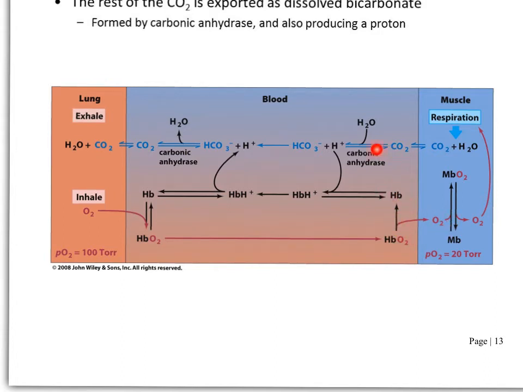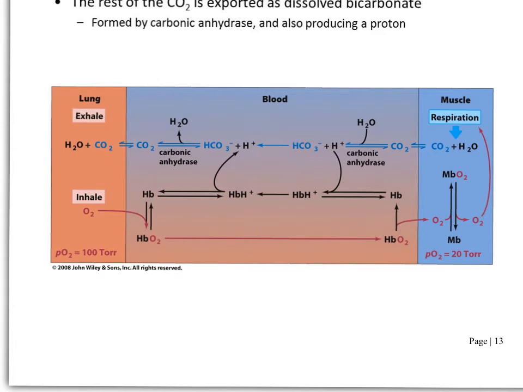Then up in here, you can see that CO2 can cross out of the muscle into the blood. CO2 can be converted by carbonic anhydrase in water to bicarbonate, where it can move freely through the water. It helps buffer, by the way, the blood pH. So it actually serves multiple purposes.